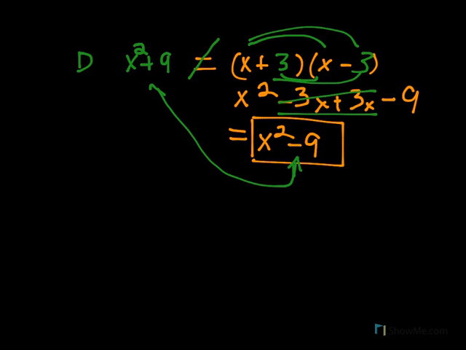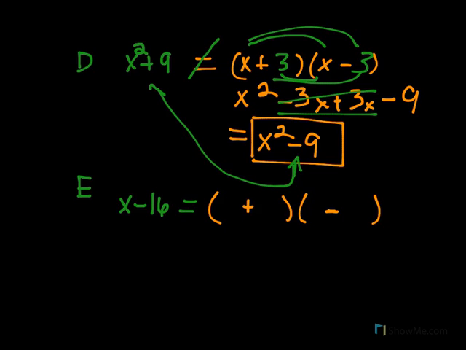I want to give you one more example, just in case they throw a curveball at you. Let's say they say, hey, what if I give you x minus 16? Could you factor that? And the answer is yes. Even though this is not a square term, all we've been doing is taking the square root of that term. So this equals, if you open two parentheses, one is going to be plus, one is going to be minus. And we always take the square root.